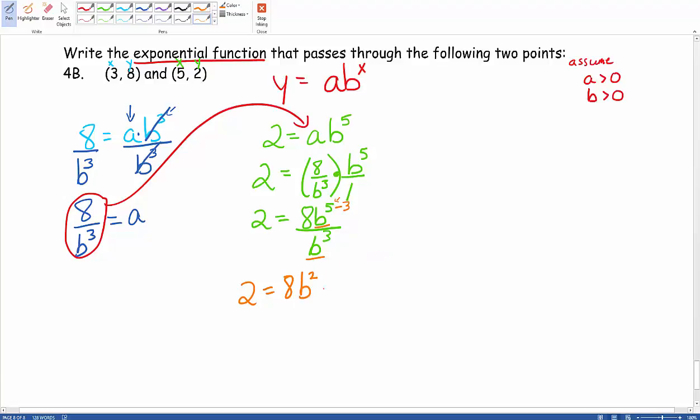Now, as we're trying to solve for b here, we have that 8 stuck and glued to b, and our goal here is to isolate the variable. So what we'll need to do is divide both sides by that number, that coefficient 8. On the right side, they just end up canceling out, leaving us with our b squared equals 2 divided by 8, which gives us 1/4.